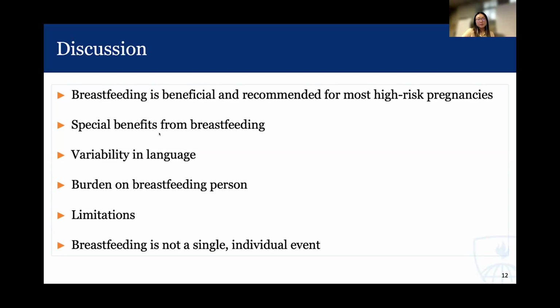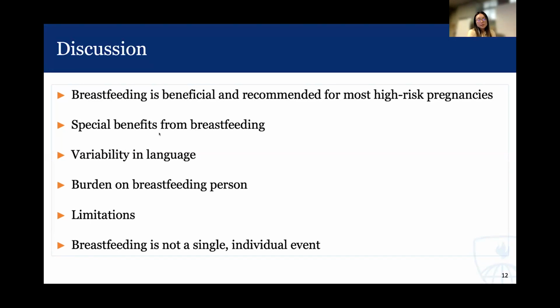It's possible that clinicians will err on the side of caution when discussing breastfeeding due to the variability in the language used among recommendations. It's also important to note the burden imposed on the breastfeeding person in situations like an HIV infection, where the breastfeeding person will have to be regularly monitored, which is an additional thing to do in order to determine if the viral load remains undetectable.